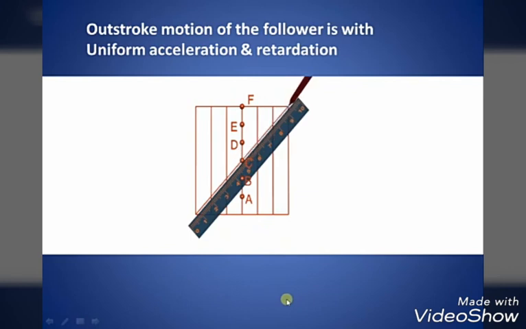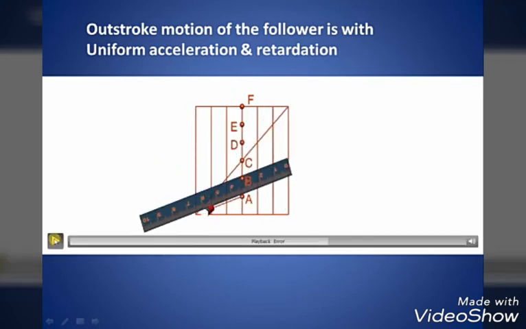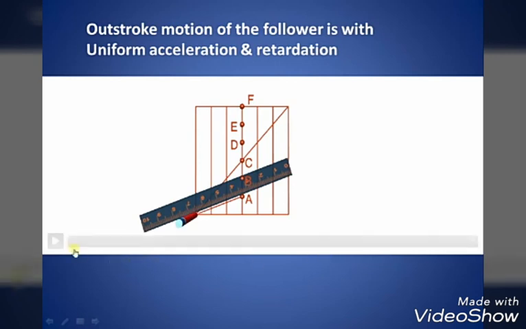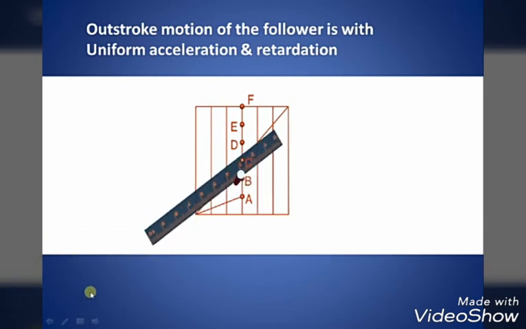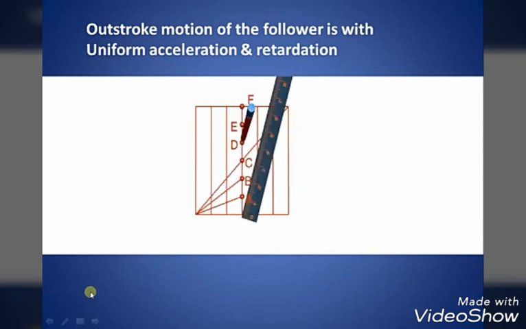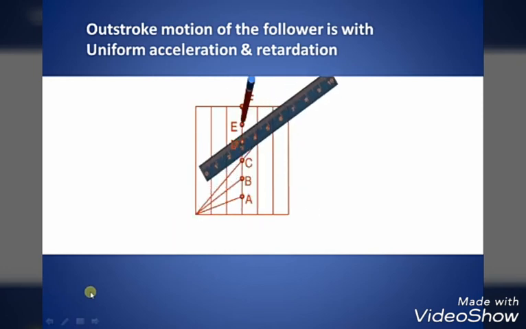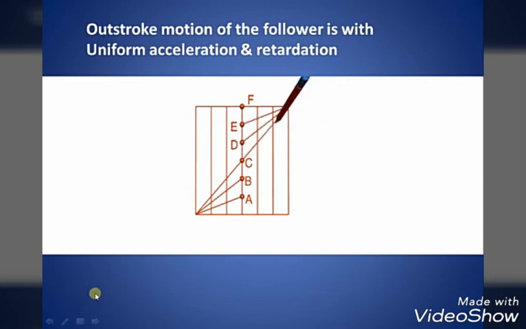Now join these diagonals. Now join these rays as shown over here. These rays will intersect the respective lines at these particular points as indicated in this diagram. And now draw a smooth curve passing through these points. So in this way we can draw the outstroke motion of the follower with uniform acceleration and retardation.